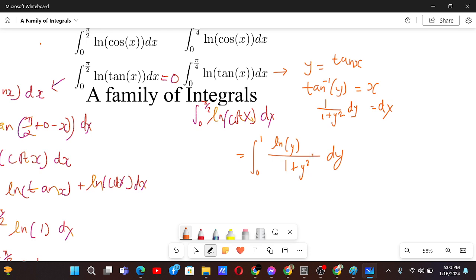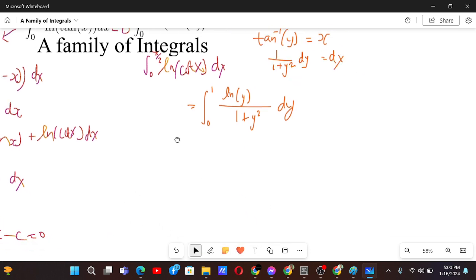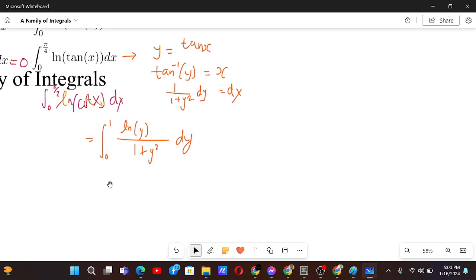Now we can use a series expansion for this 1 by 1 plus y square. Since y is going from 0 to 1, the modulus of y is less than 1. That is why the modulus of y square is less than 1, and the modulus of minus y square will also be less than 1.